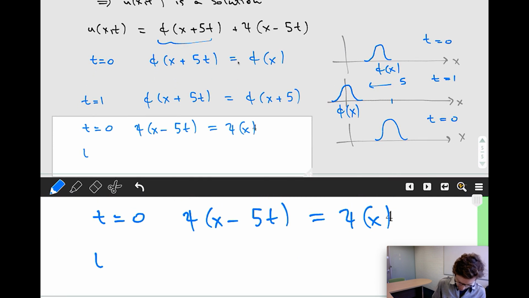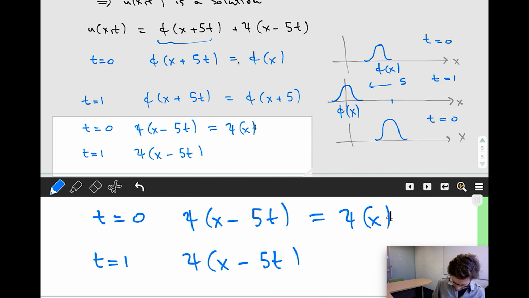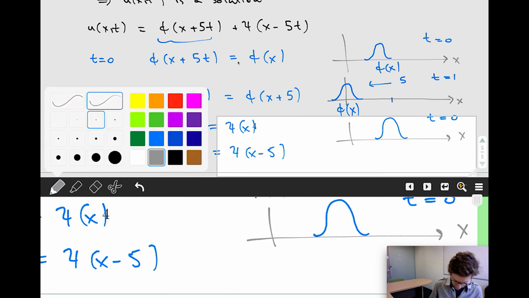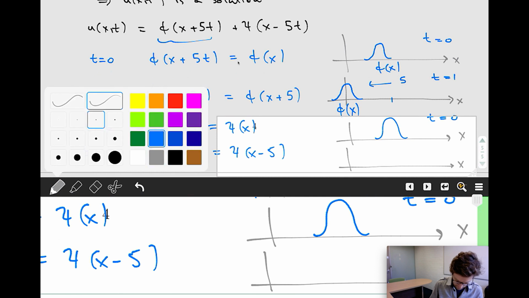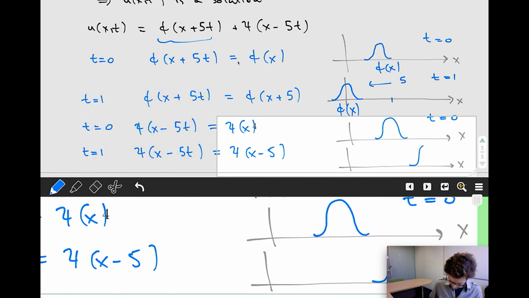And when t is equal to 1, I get psi of x minus 5. So my solution has been shifted over to the right by 5 units.